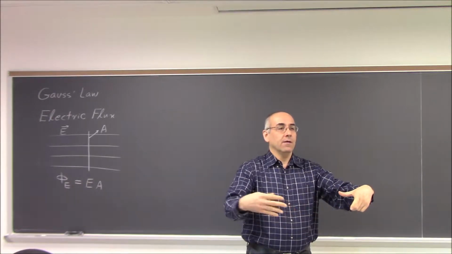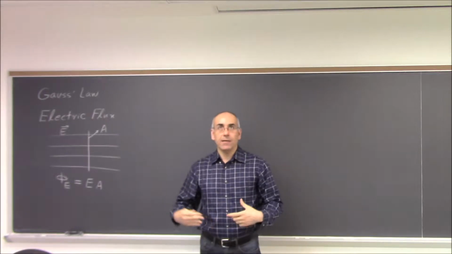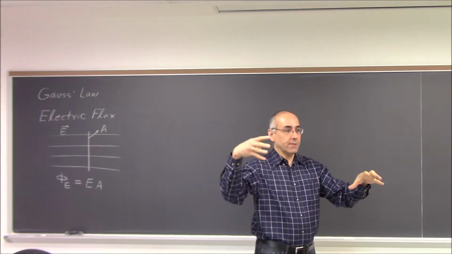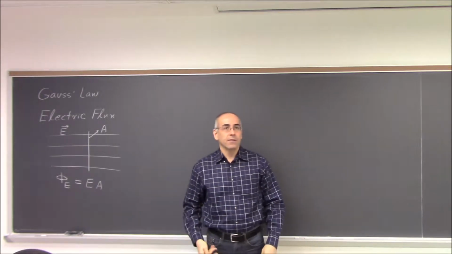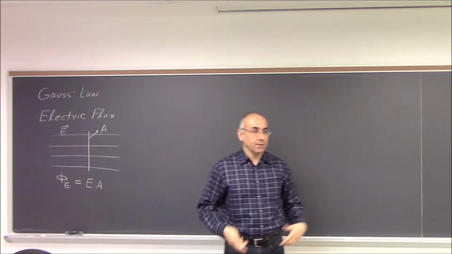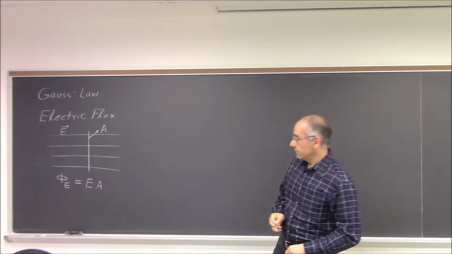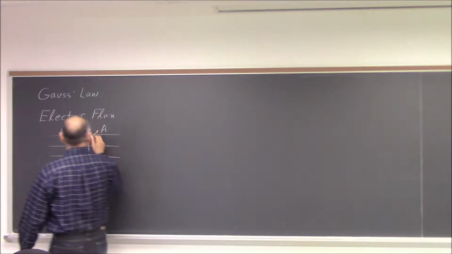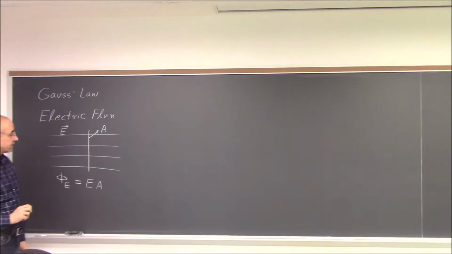How much water is passing through the net per unit time is like the velocity of water times the area, if they're perpendicular to each other. Or you have flux of wind. There are lots of different ways you can measure flux. But here we're interested particularly in flux of electric field.